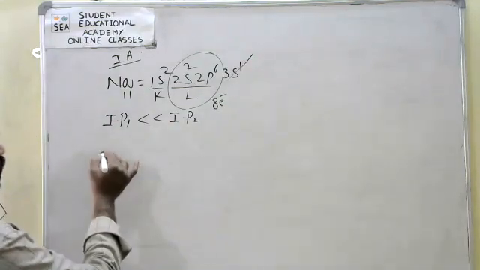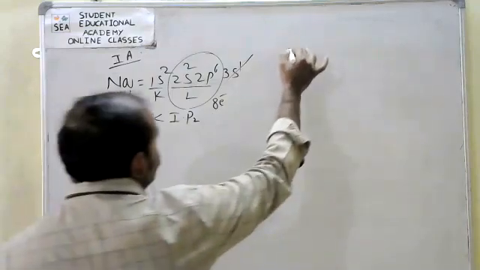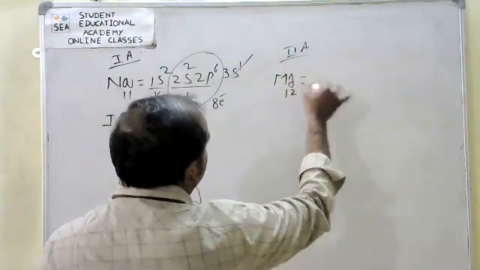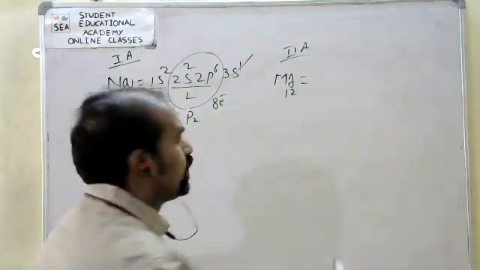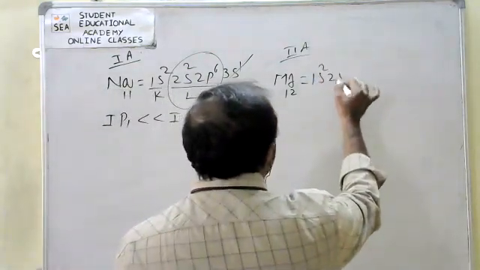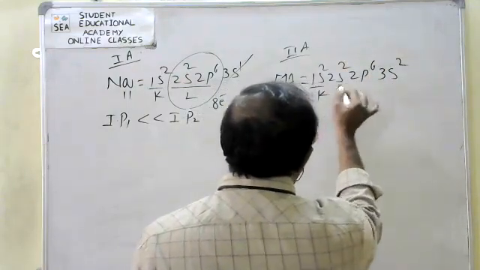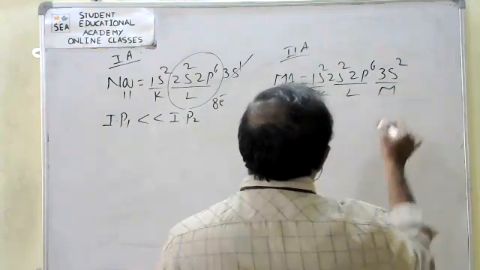Like that, if you take alkaline earth metals, for example the second group element magnesium, atomic number 12, its electronic configuration is 1s2, 2s2, 2p6, 3s2, in K shell, L shell, M shell.